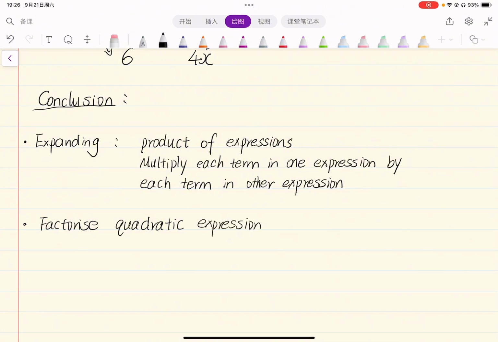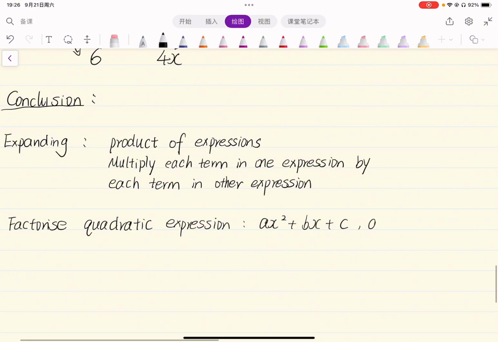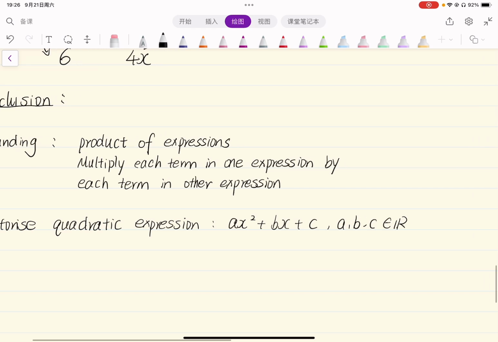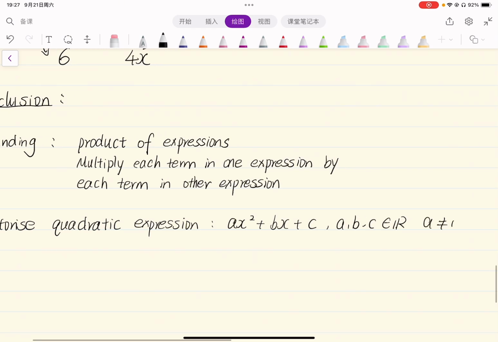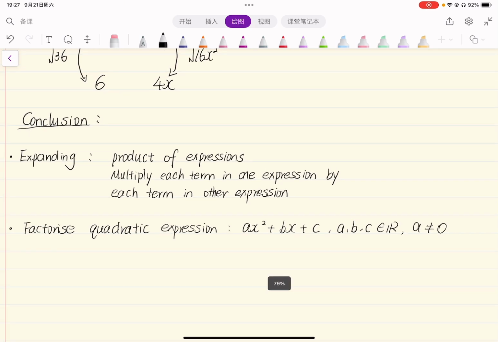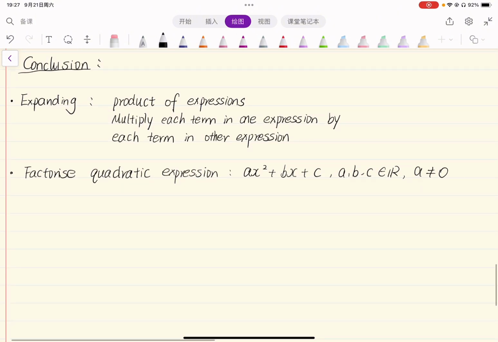And we learned how to factorize a quadratic expression. The quadratic expression is ax squared plus bx plus c, where a, b, c are real numbers, and a is not equal to 0. So how do we factorize? The first step, we find 2 factors of AC.